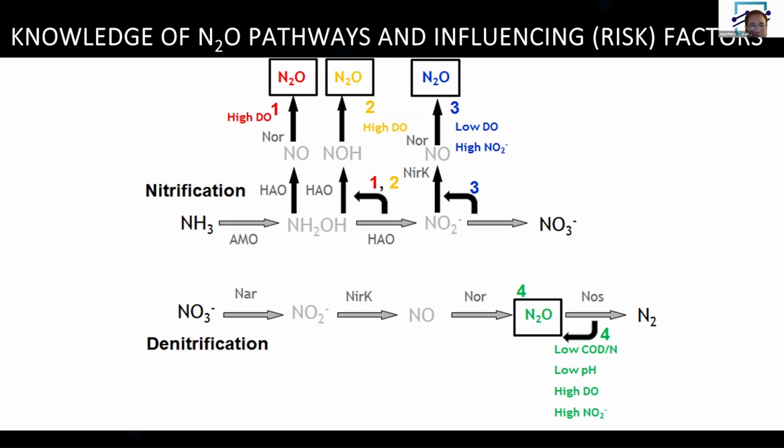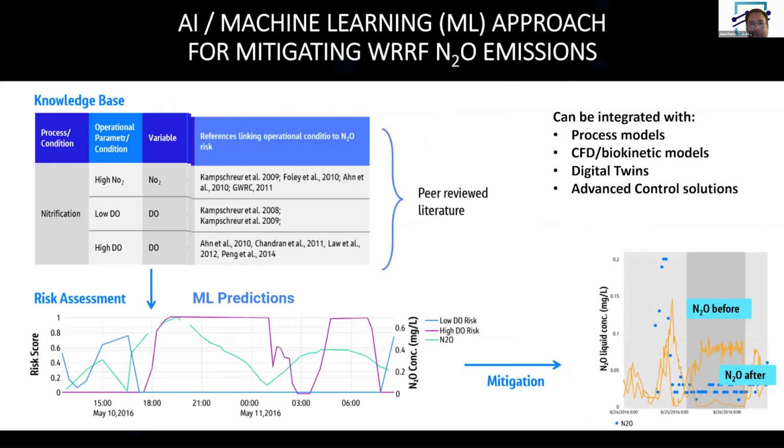But we have built that framework, and based on the knowledge from the research and the linkages between the operational and process conditions to risk of N2O, we can use AI techniques to generate a dynamic risk score.